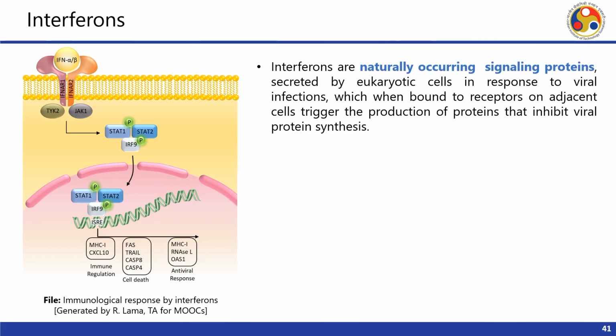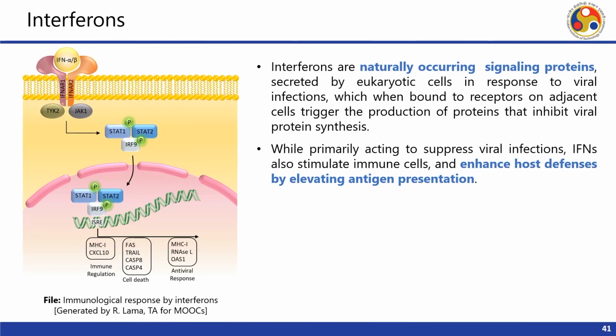Let us now go on to discuss interferons, which are naturally occurring signaling proteins secreted by eukaryotic cells in response to viral infections, which when bound to receptors on adjacent cells trigger the production of proteins that inhibit viral protein synthesis.